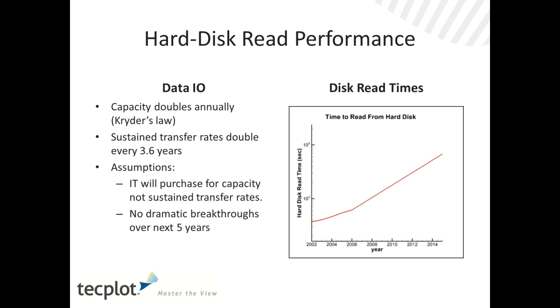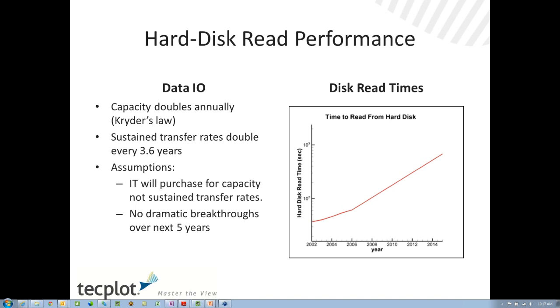Now, there are ways of improving your time to read, your sustained rate, using parallel disk farms and parallel data storage systems, and basically striping your data across multiple disks. But that is not likely to keep up with the fact that the capacity is growing so much faster than the data rates.